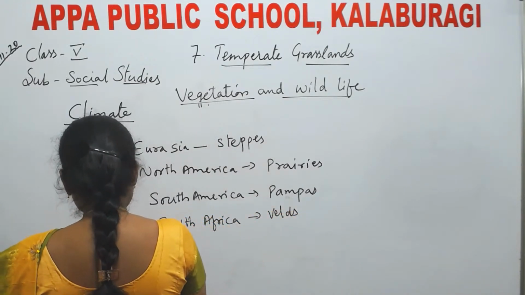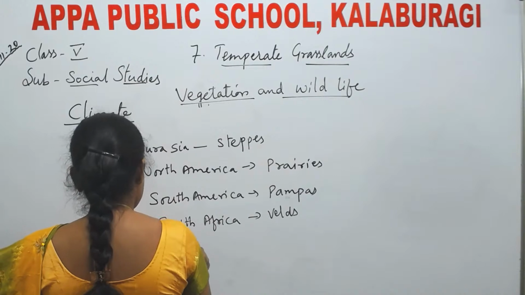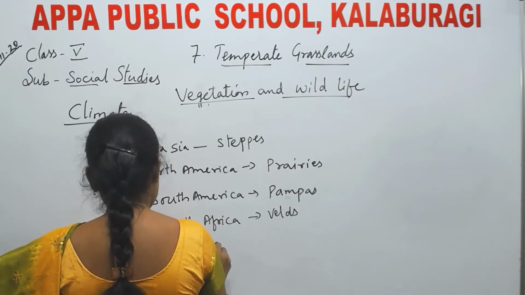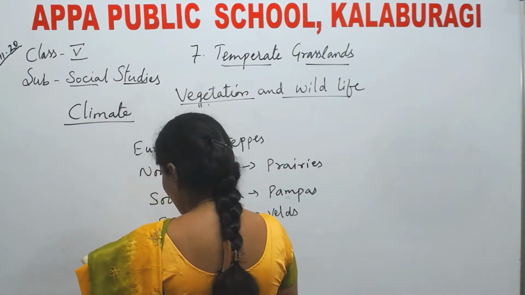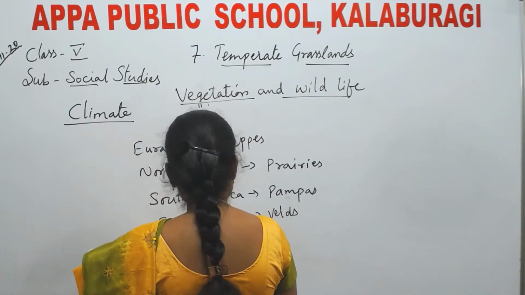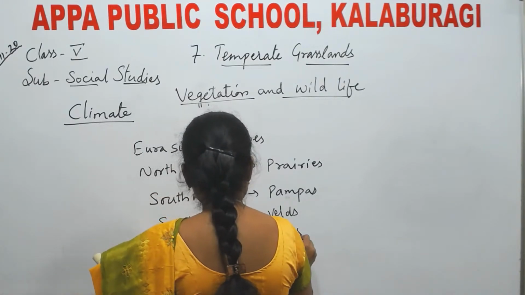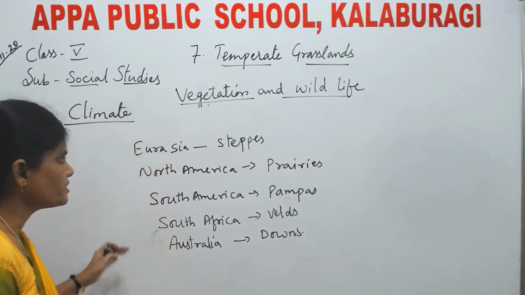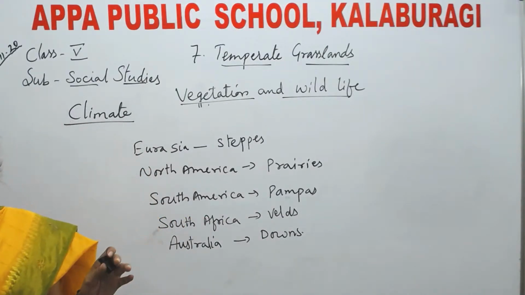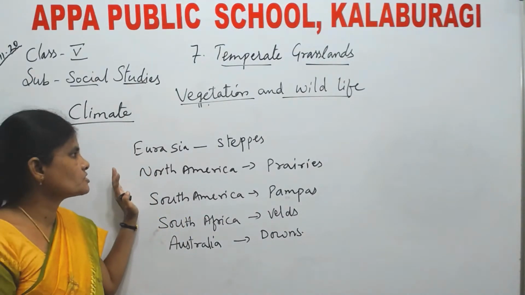And in Australia, they are called downs. Okay, these are the different names of the grasslands which are grown in different regions.